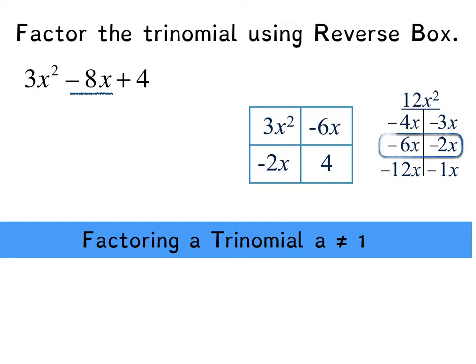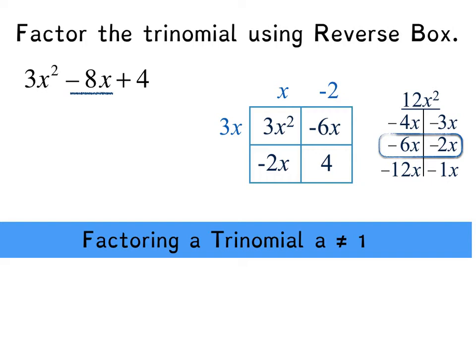I'm going to look at the top row of terms in my box, and I can see that 3x is a factor of both. And now I can just fill out the rest of my box because 3x times what is 3x squared? This is the way I'm going to think. Now along the top, I'll think 3x times what is negative 6x.